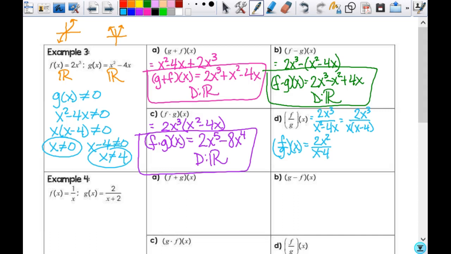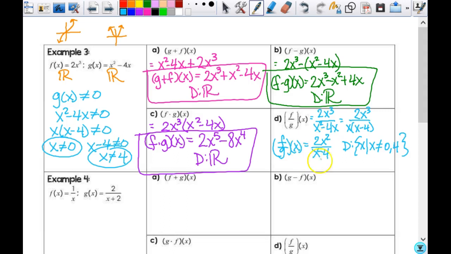Okay. So my domain, right? It's not all real numbers. It got restricted by this, right? It's all of the x values such that x cannot equal 0 or 4. If you wait until the very end to look at your domain, look what happens here.